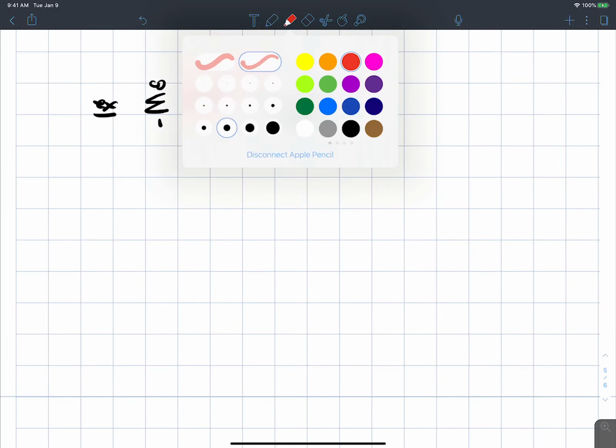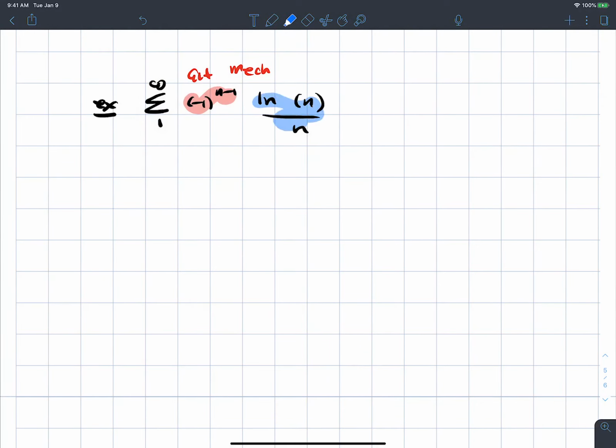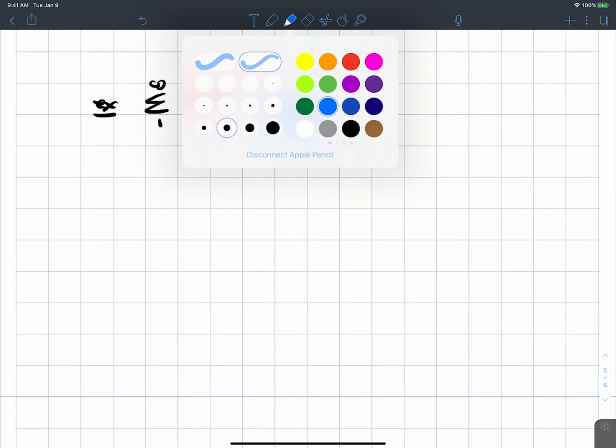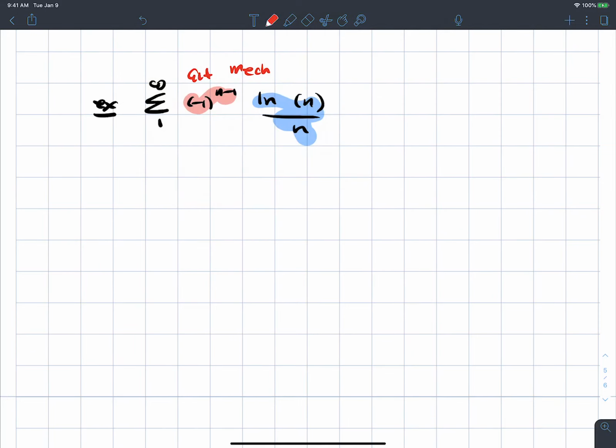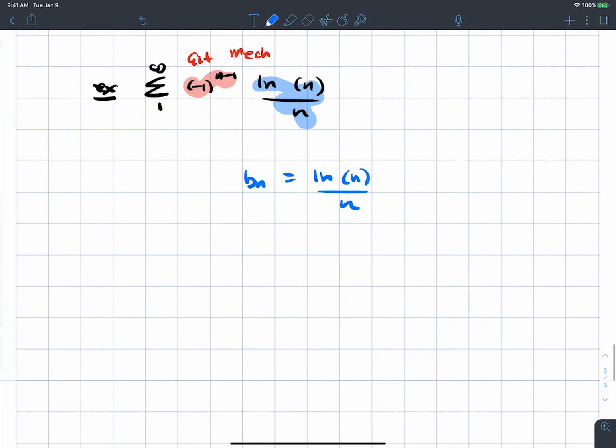And we're going to let this be our bn. So we get ln n over n.